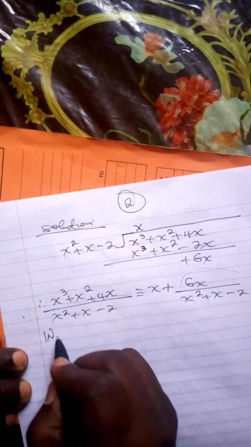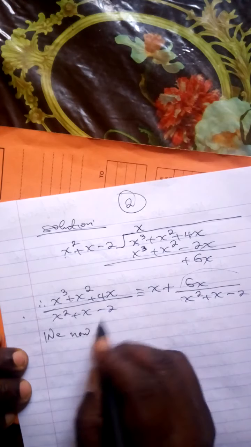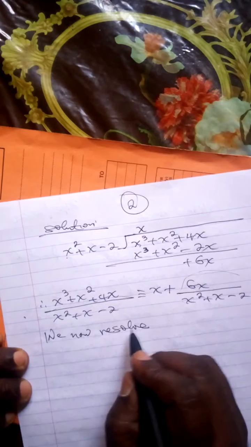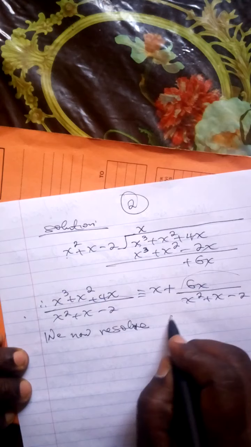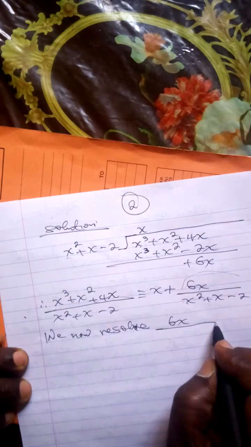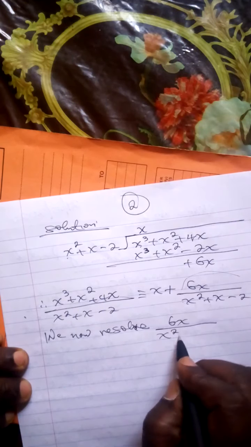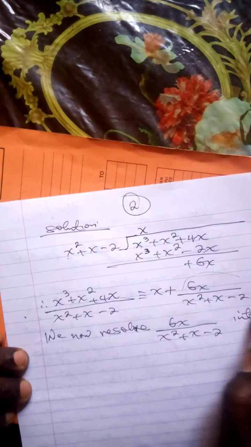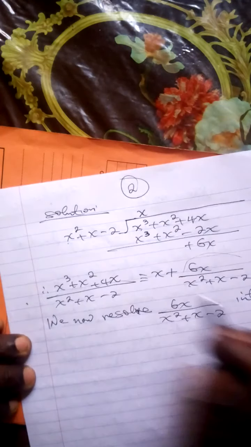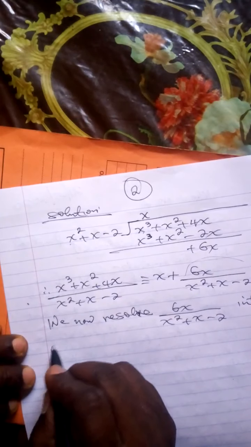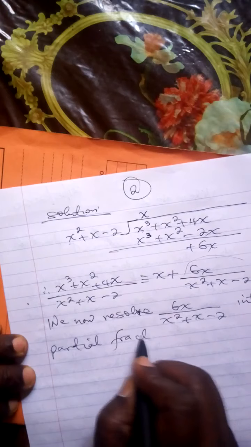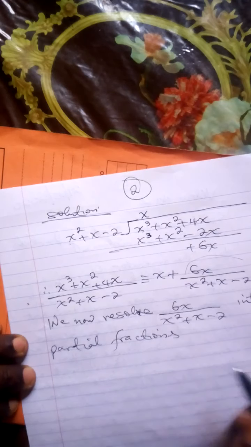We now resolve 6x over x squared plus x minus 2 into partial fractions.